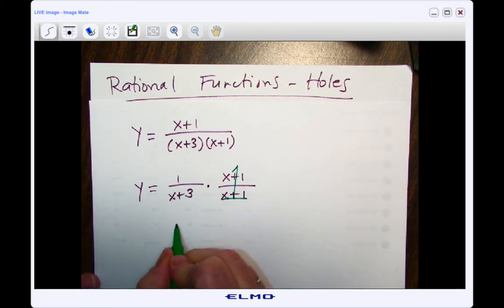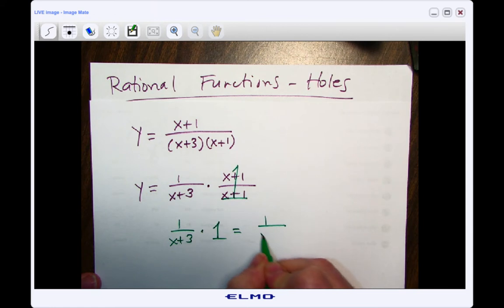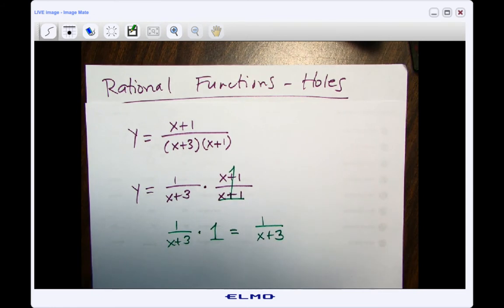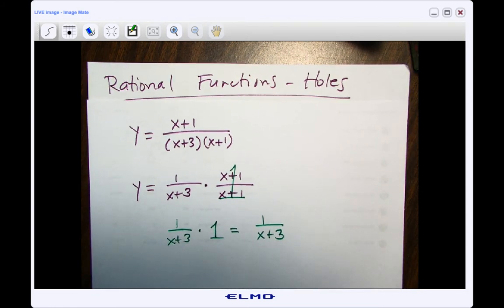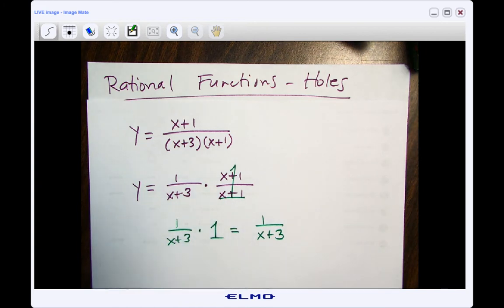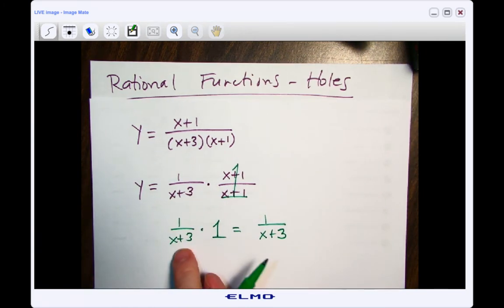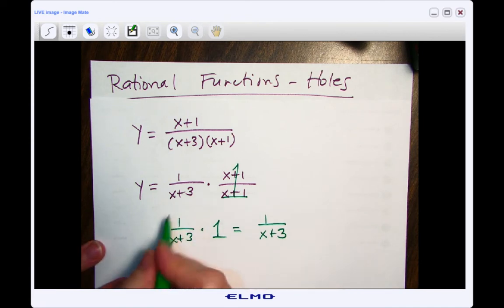So this is like saying 1 over x plus 3 times 1, which is really equal to what? 1 over x plus 3, because anything times 1 is equal to itself. So in this case, this function times 1 would give us itself.